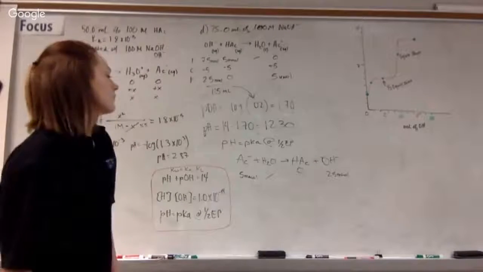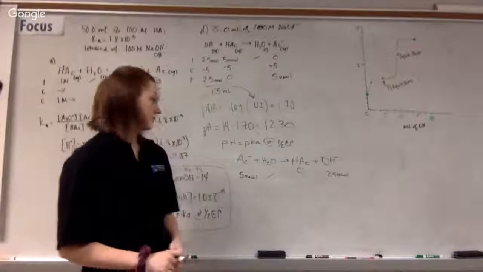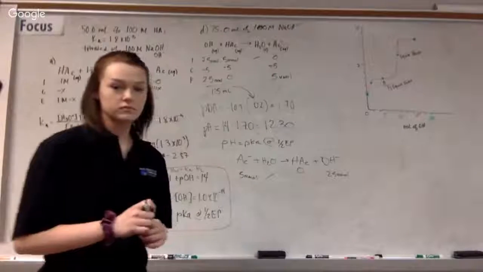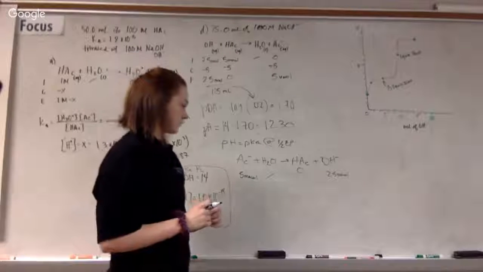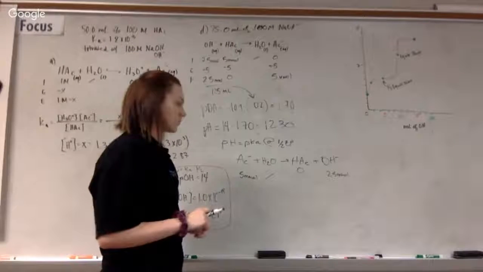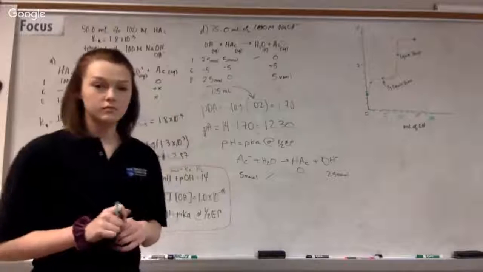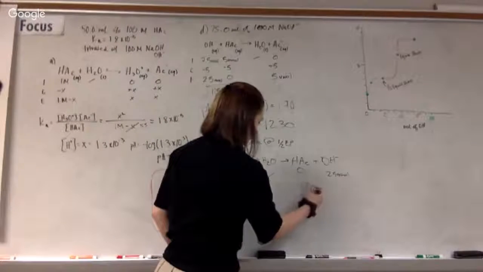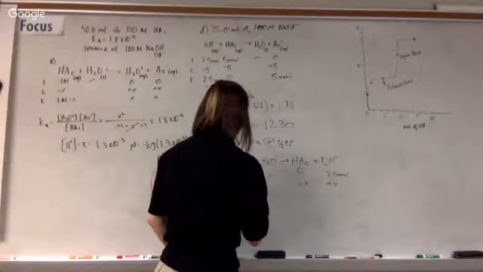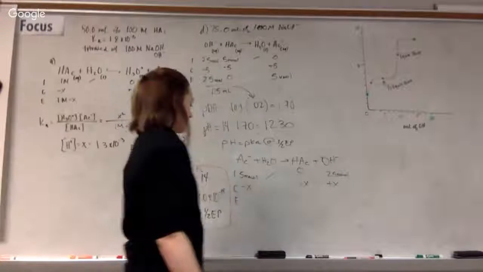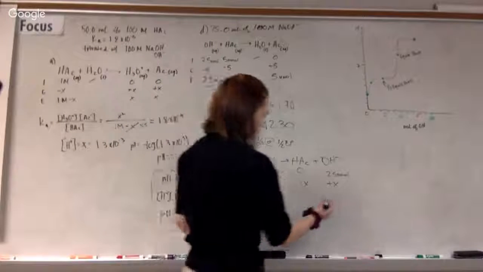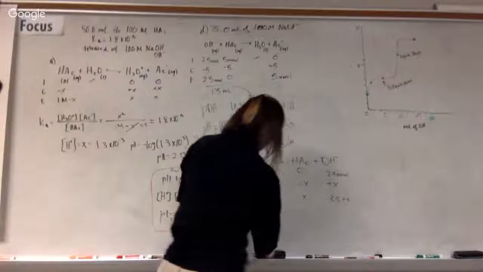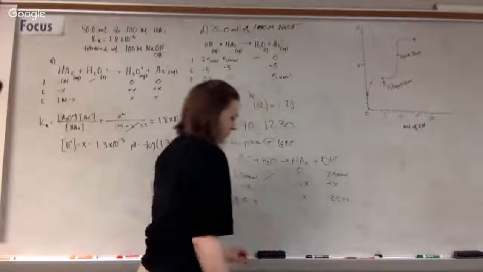Do you realize if we were doing a weak acid problem with AC minus, we would be trying to solve for the amount of OH minus that it produces? But don't we have a ton of OH minus already in the solution? So we go minus X, and plus X on the other side. Would you acknowledge that 2.5 millimoles plus X, that X being produced, is going to be so minimal compared to the 2.5 millimoles that the 2.5 millimoles is essentially the only thing we see?